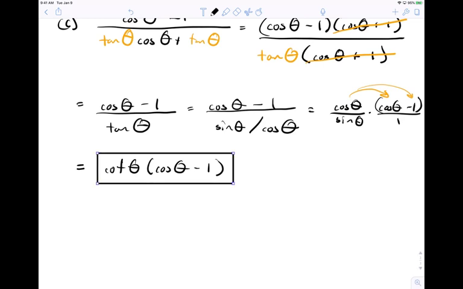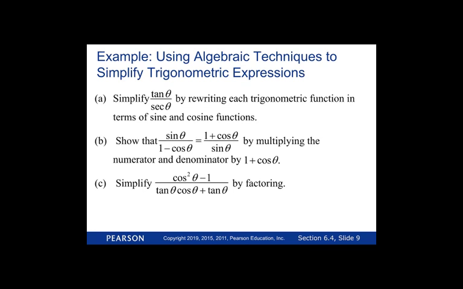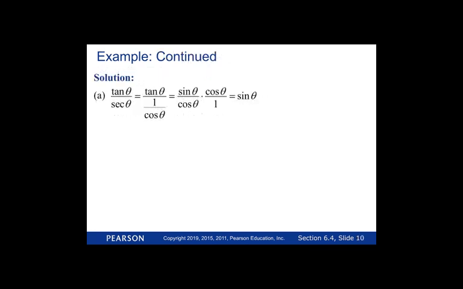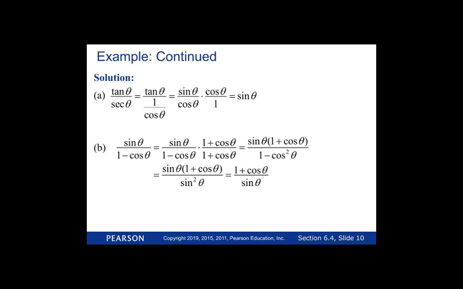Okay, so now let's go back here and see how we do. The first one, tan of theta, so it became sine of theta times cosine. So that one was fine. Then sine theta over 1 minus cosine theta: we multiplied the top and the bottom by 1 plus cosine theta. And I think we got that one too, so that one's fine.